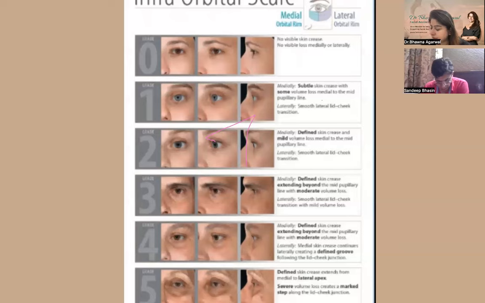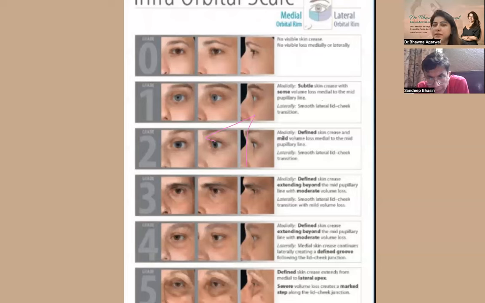So this is the area where we are not looking for perfection. We are just looking for slight improvements.